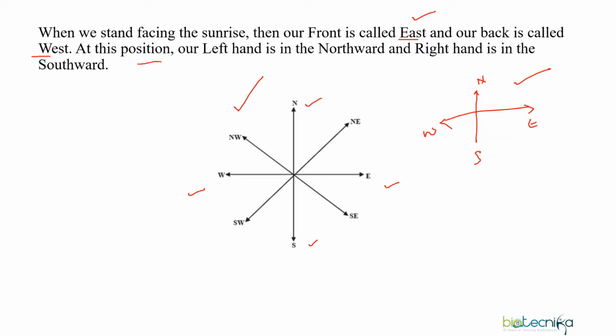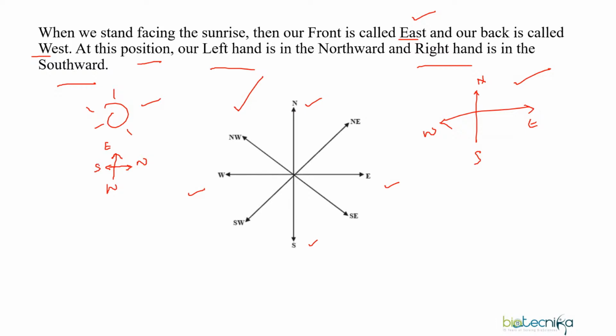At this position our left hand is the north side and our right hand is the south. Suppose this is the sun. If we are facing towards the sun, this is my east, the back side would be west, and according to my left hand side and right hand side, this would be north and this would be south.